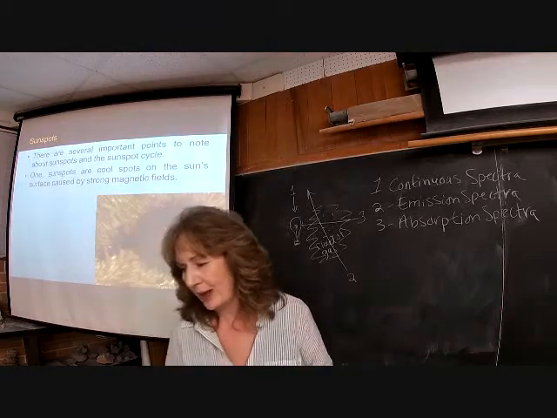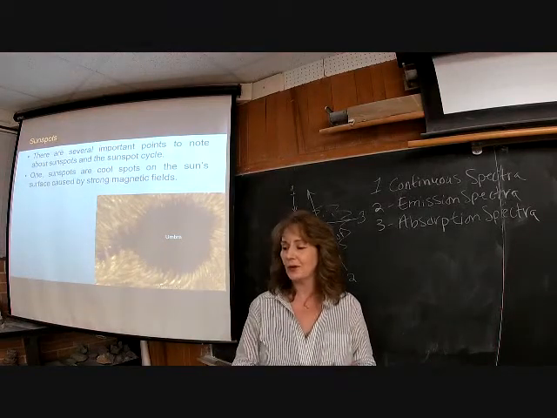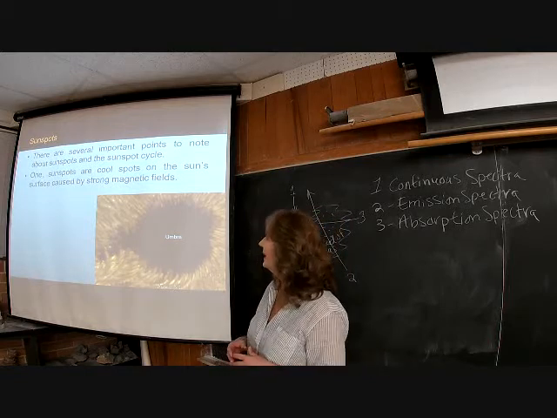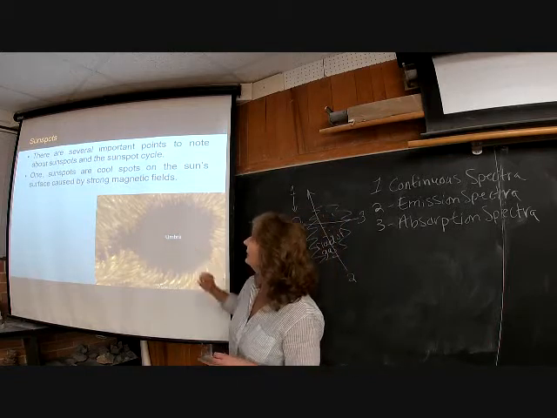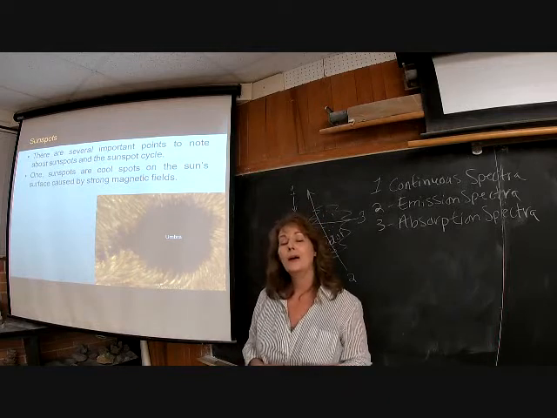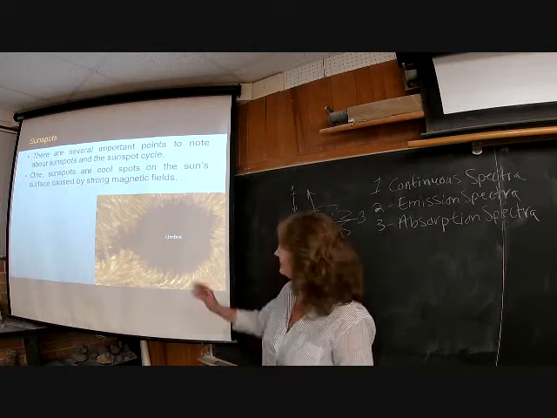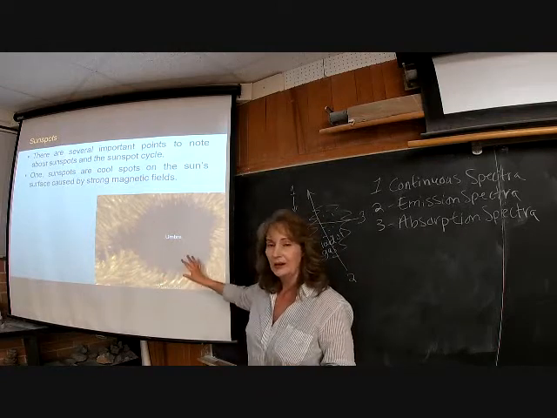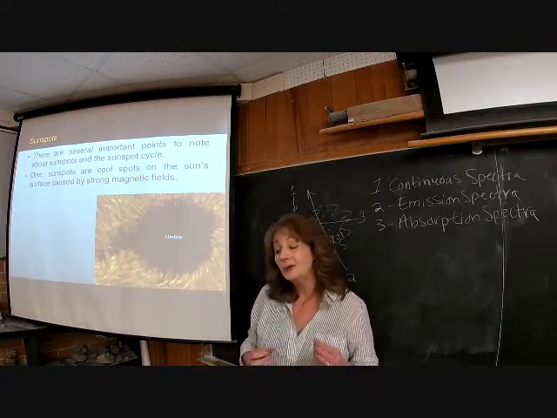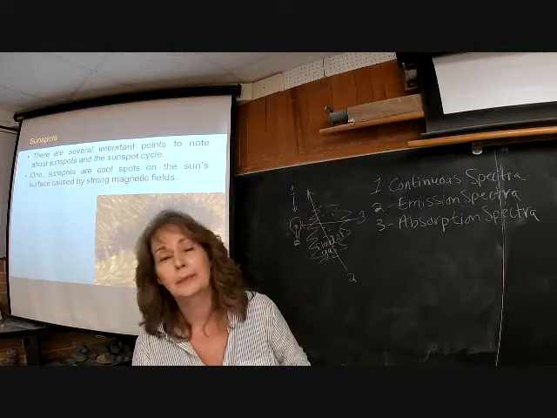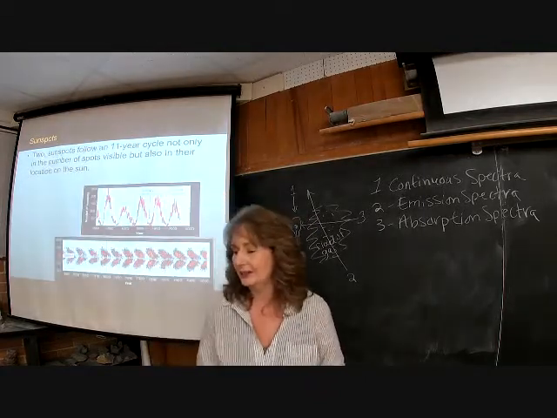So several things would happen, but sunspots are cool. We're still talking about the sun here, but they're cooler portions of the sun's surface. That word umbra is like a shadow, but it's just a cooler region. I mean, it's still very, very hot, but cooler because of these strong magnetic fields that are going on.